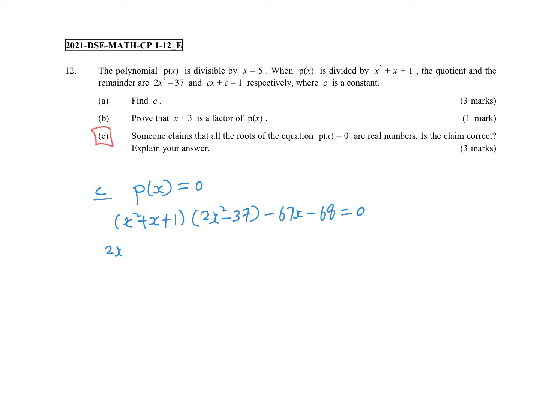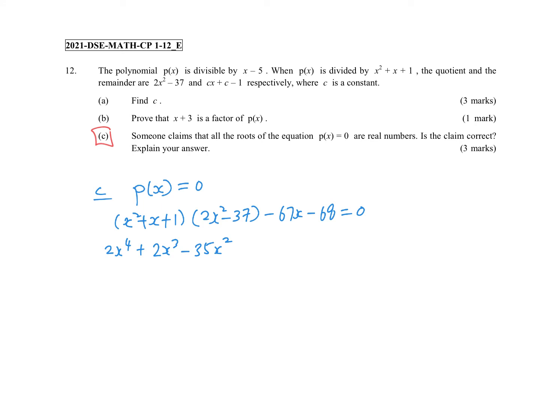So 2x to the power 4, and then for the x cubed term, basically just 2x squared times x, so plus 2x cubed. And then for the x squared term, 2x squared times 1, so that will be 2x squared, and then minus 37x squared, so that would be minus 35x squared.